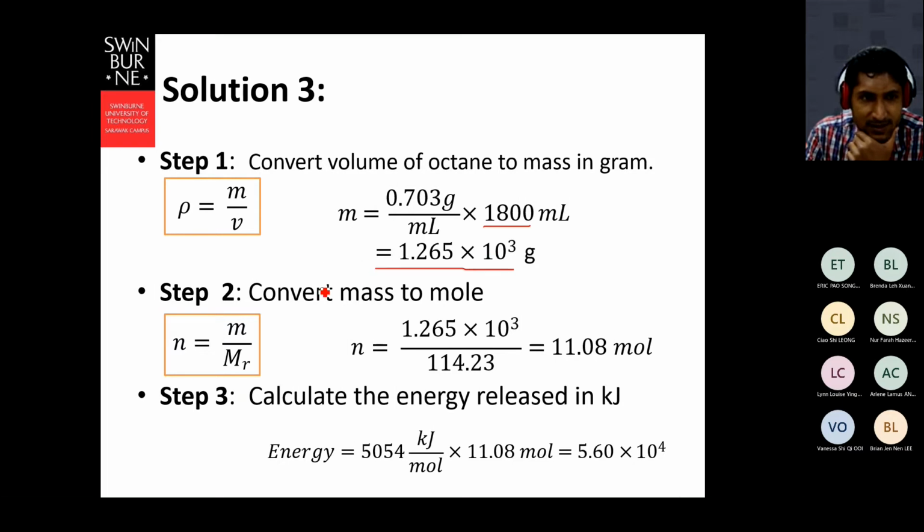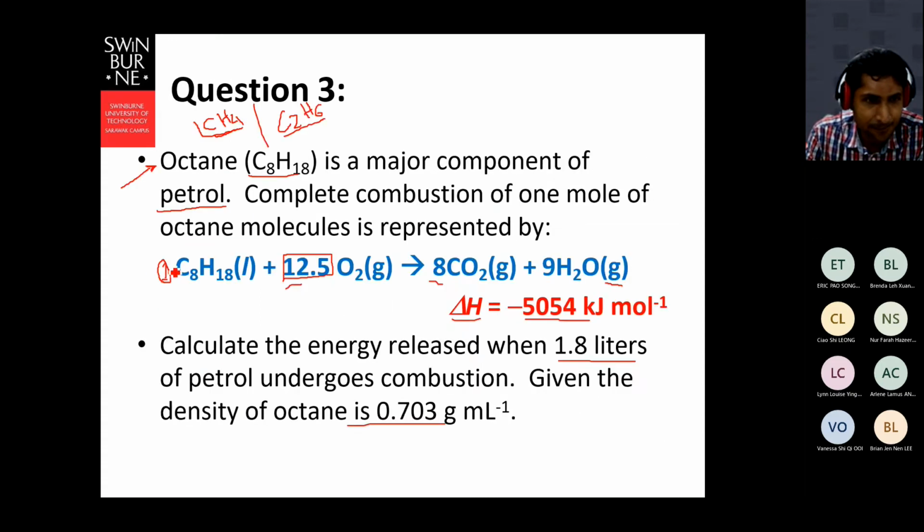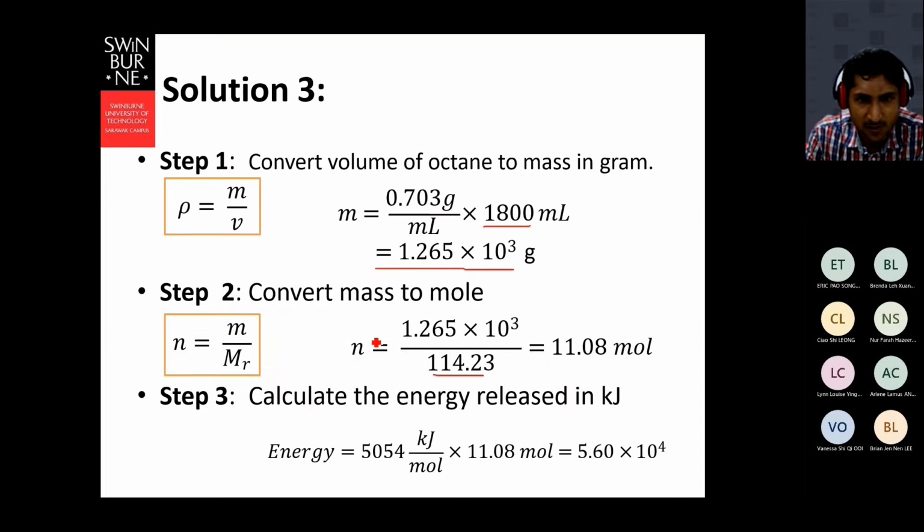So from there, using the density, it is 1.265 times 10 power 3 gram of octane, and the octane has a molecular weight: there are 8 carbons, so 12.01 times 8, plus hydrogen 1.008 times 18. So altogether we will see it is 114.23.